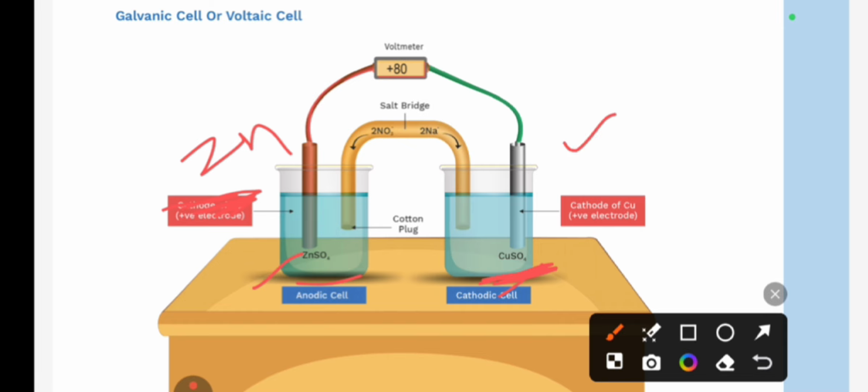The two beakers are joined with the help of a salt bridge. Here you provide a voltmeter for checking the reaction, meaning taking the reading.